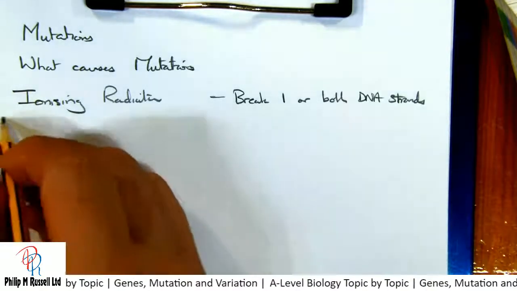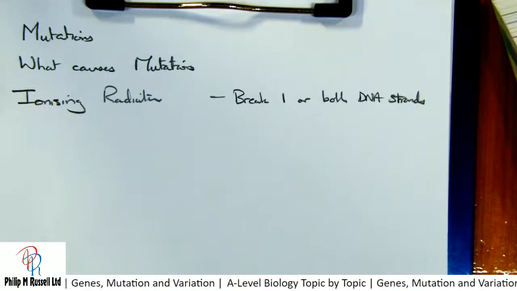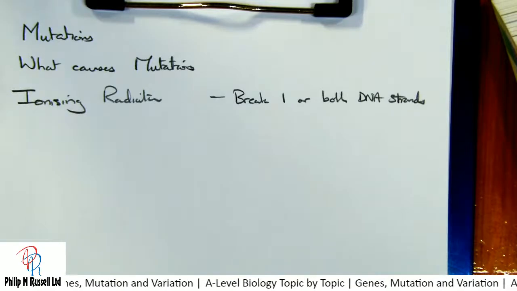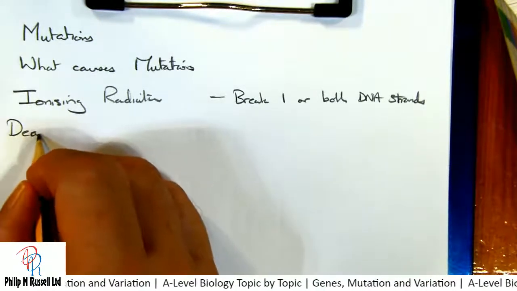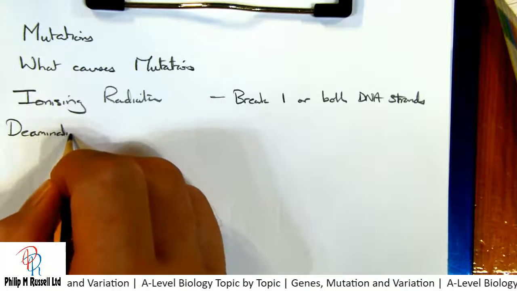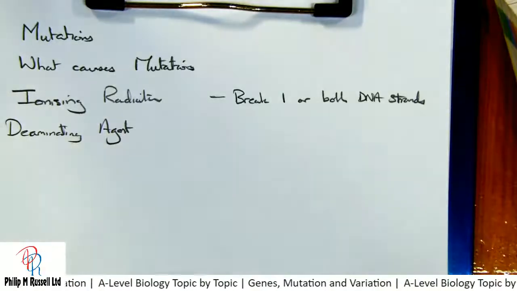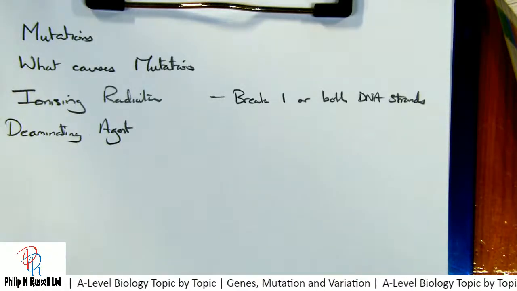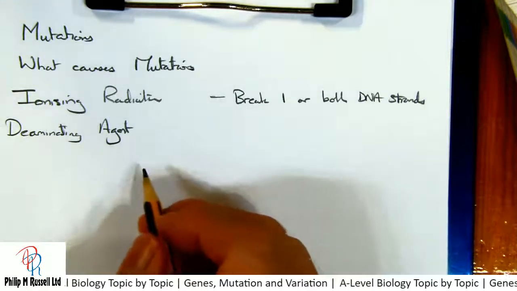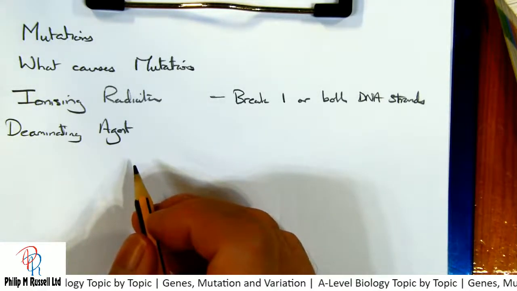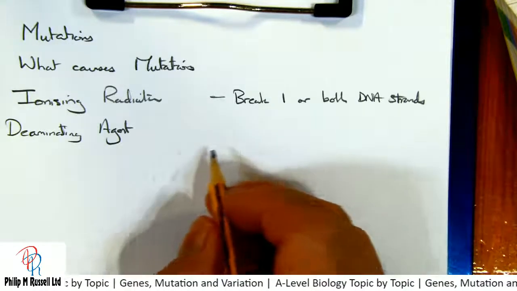Right, the next thing that we can have is something called a deaminating agent. This deaminating agent is sort of a chemical change, and this chemically alters the bases in DNA, converting various things.